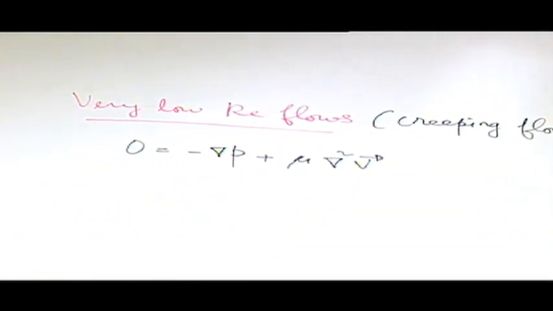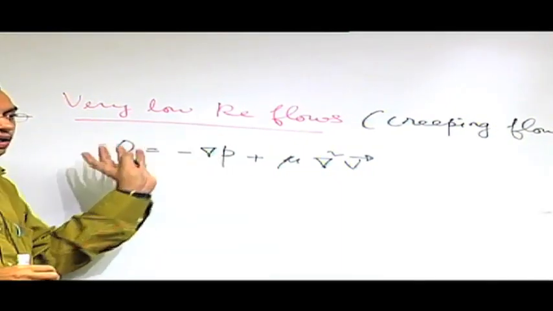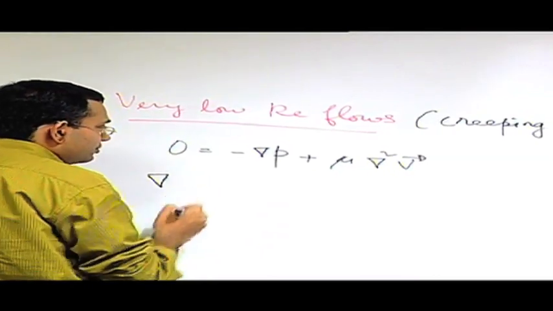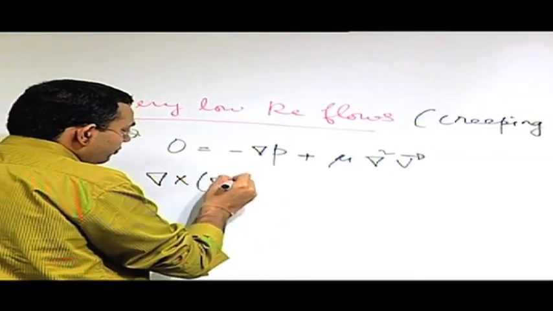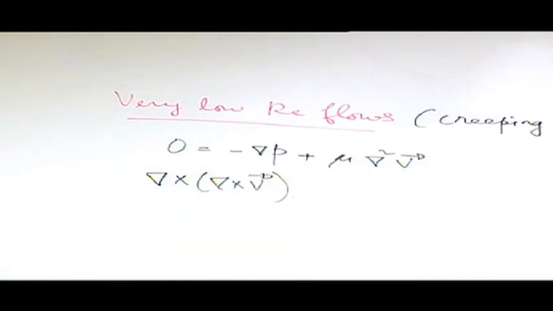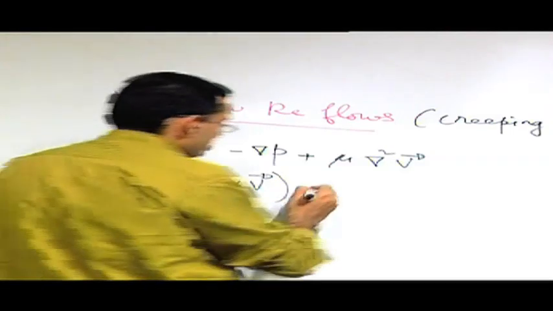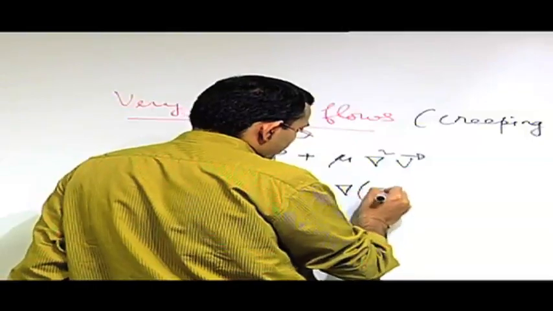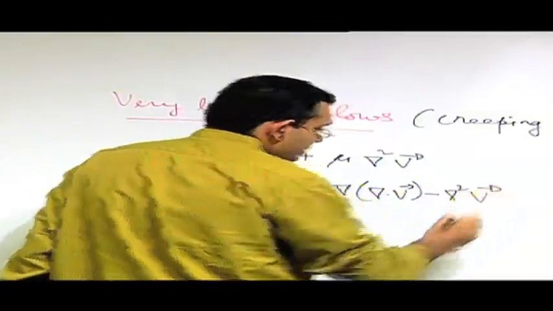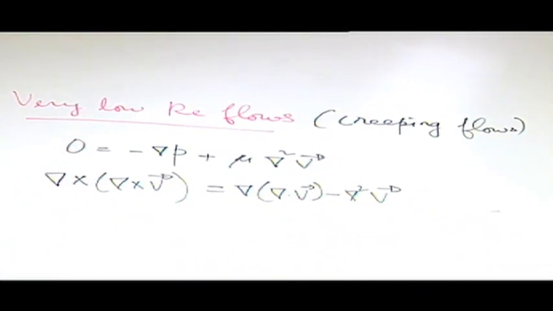Now what we will do is proceed further with the curl of both sides. To do that we will keep in mind how to evaluate the curl of this one, that is del cross V. This identity we have used earlier also for developing some other theory.